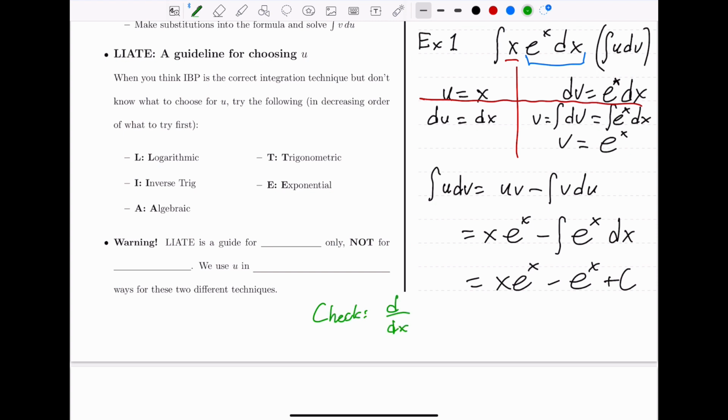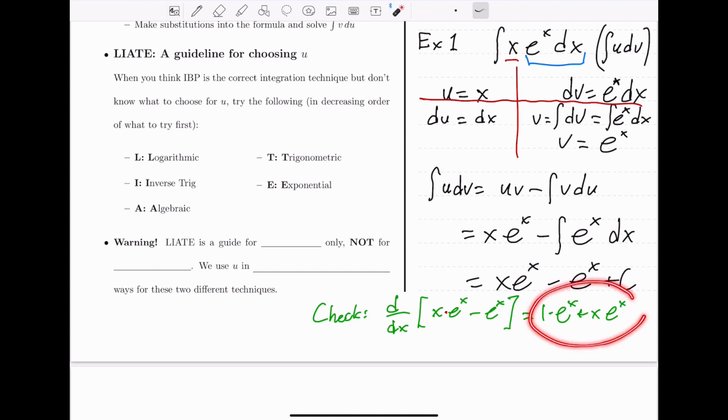If I take the derivative of x e to the x minus e to the x, I need to use a product rule for the first term, x times e to the x. Product rule says take the derivative of the first function, derivative of x is 1, times the second, plus x times the derivative of e to the x, e to the x.